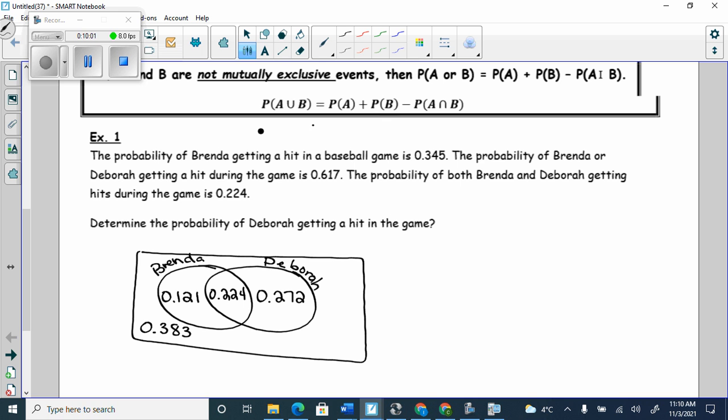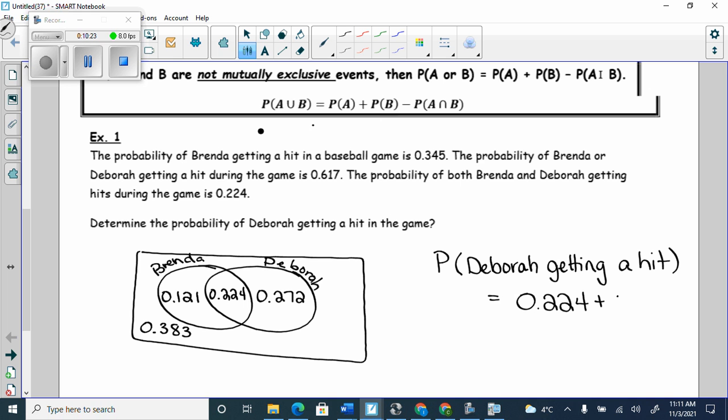Anyways, in terms of the probability that Deborah is getting a hit, what do we have to add to get the probability of Deborah getting a hit? What two numbers do we add together? 0.224 plus 0.272, and I get 0.496.